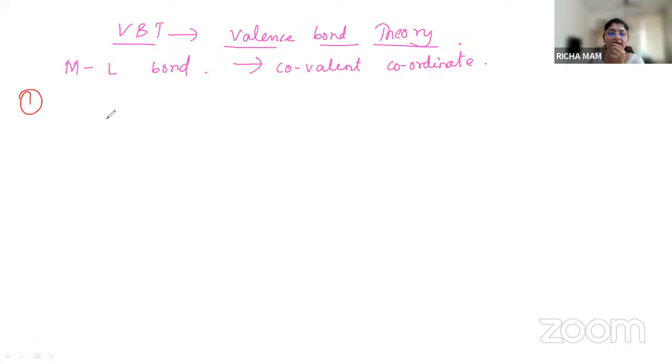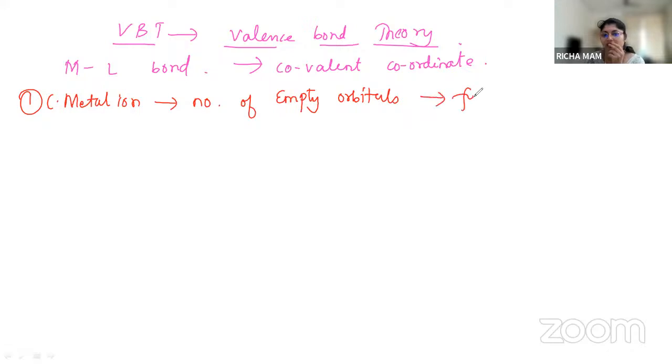According to this theory, the central metal ion will provide a number of empty orbitals for the formation of coordinate bonds, so that it can bond with the ligands.